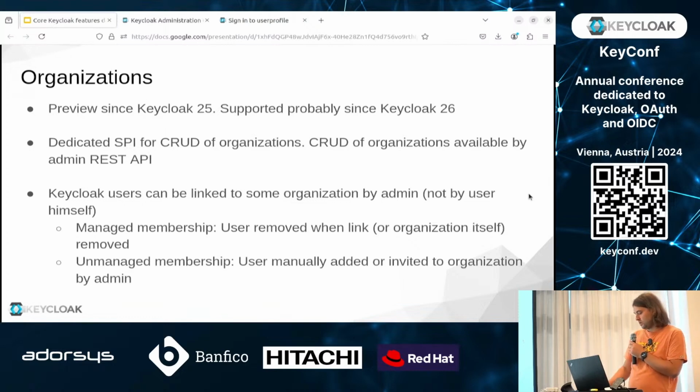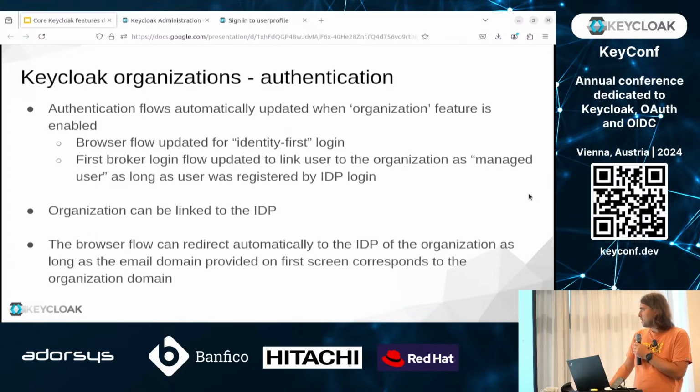Users themselves cannot link to the organization. And there are two types of memberships. Managed membership is for users which are completely managed by the third-party organizations, and the user is removed from the Keycloak realm when the organization or the link is removed. And unmanaged membership is for users who are manually added or invited to the organization by administrators.